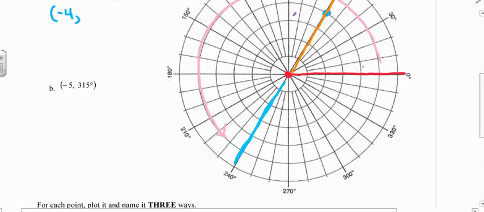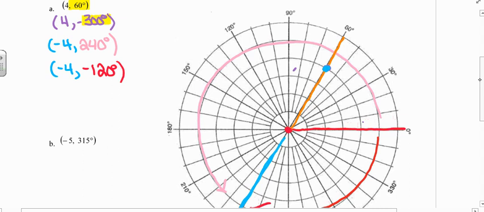And if we were to go in the clockwise fashion, of course, our angle measure would be negative, and that looks like minus 120 degrees right there. And those last two angles, like the first pair, are also coterminal. They're just directly opposite or directly across from the first angle.